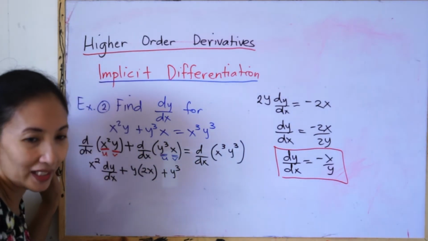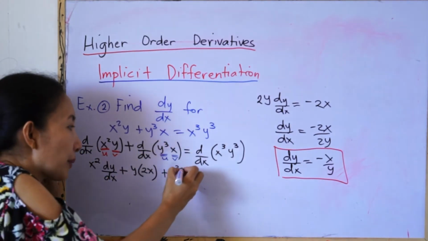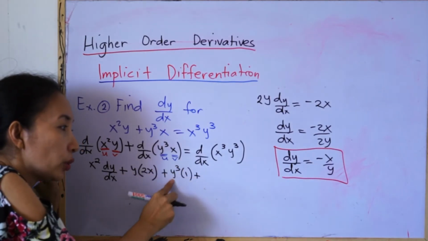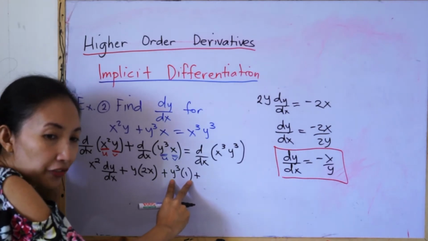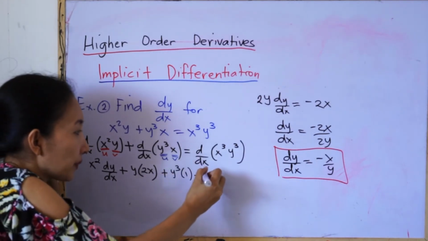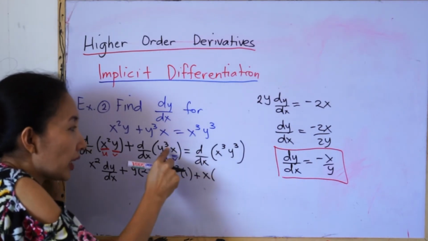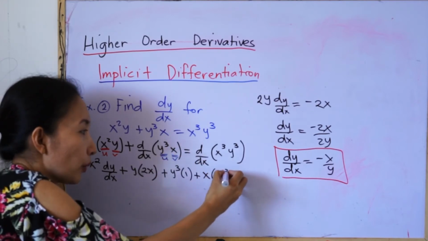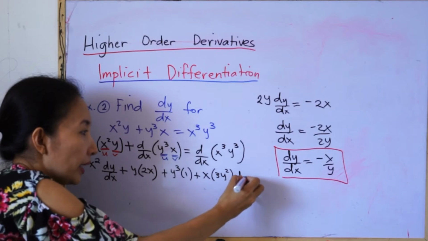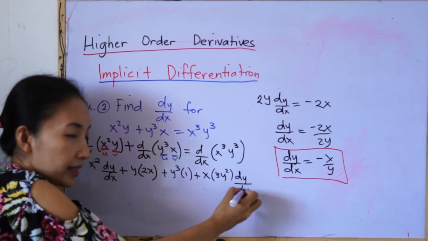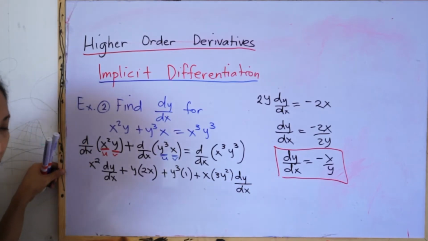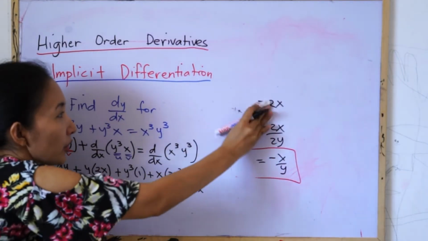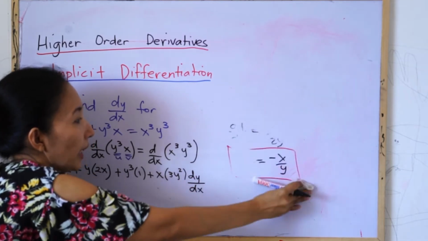I don't have to write dx over dx, times 1 na lang. Plus, okay, this is u dv plus v du. V x du, derivative of y cubed is 3y squared dy over dx. Okay, dy over dx. Next, we're moving on to the right side.